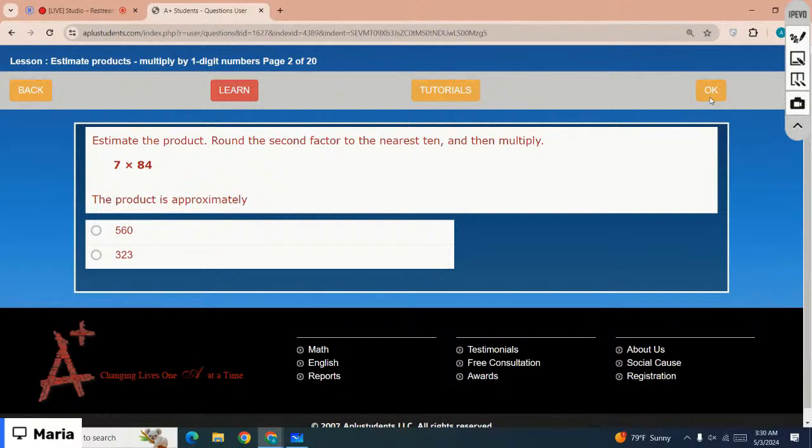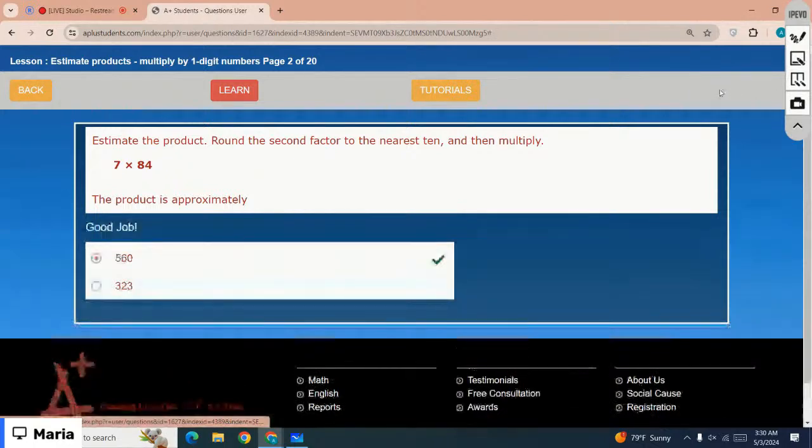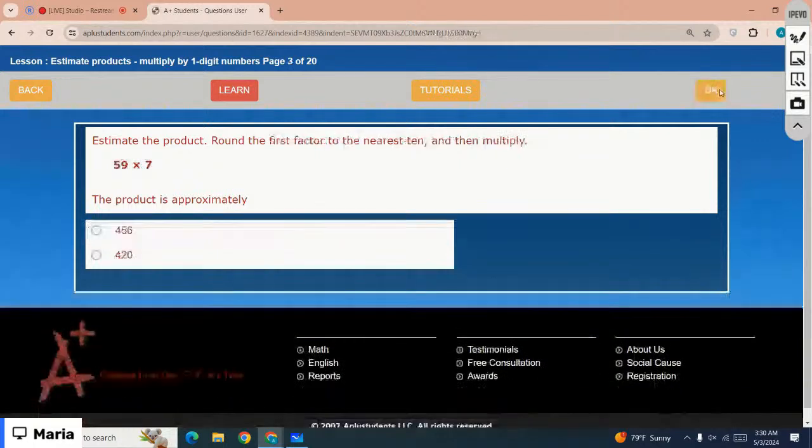So that would be 560. Option number 1 is the correct option.